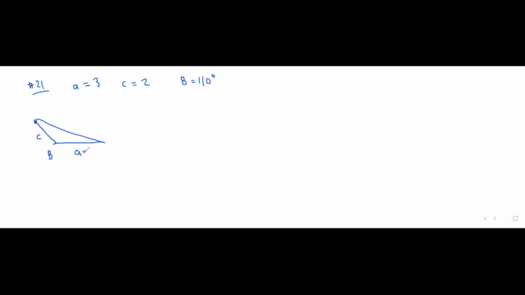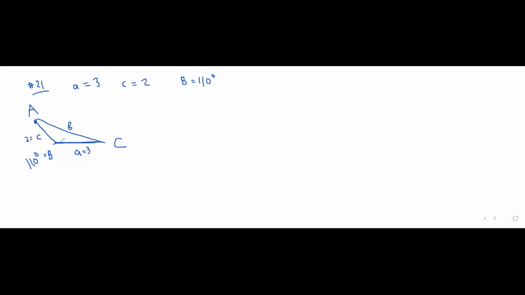I can even put these numbers here just for fun. So what happens next? Well, I have to make a decision what else I want to find. So this will be side little b, and then there will be angle A because it's across from the side A, right? And same with angle C, which is across from the side C.